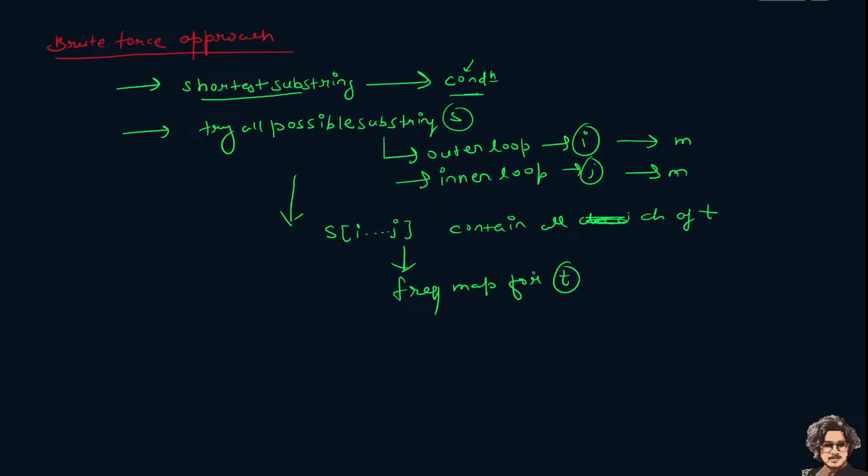First, we build a frequency map of t, and we also make the frequency map of the substring of s till here.